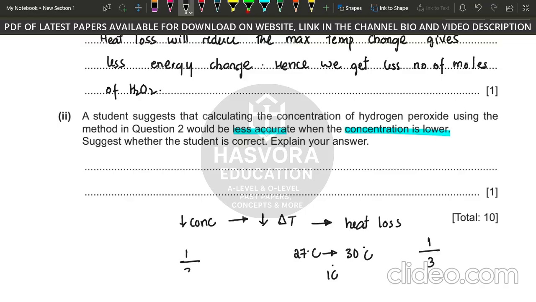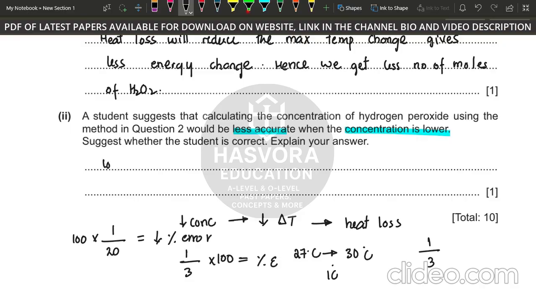So 1 divided by 3 multiplied by 100 will be your percentage error. So there will be more percentage error. If I have more concentration, there will be a larger ΔT. For example, if I have a change of 20 Celsius, then this percentage error will be significantly reduced. There will be less percentage error. So this is the main concept.